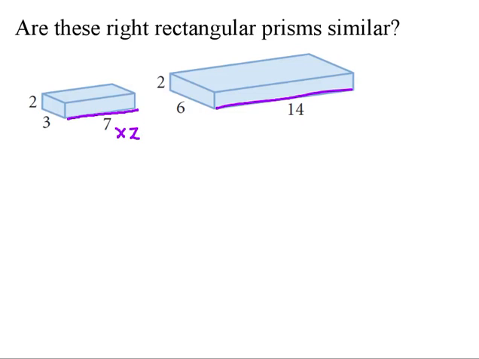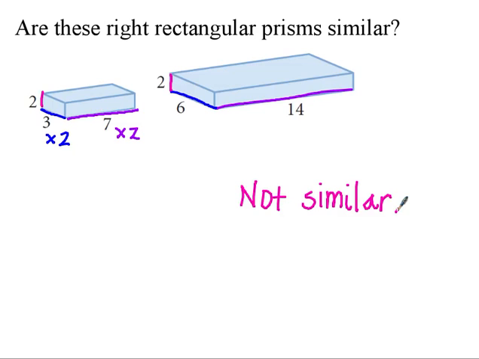Let's look at this side. 3 and 6 correlate, and 3 times 2 is 6. Great. And then I get to the 2. What do you notice about their heights? They're the same. They're not in proportion. So as a result, these right rectangular prisms are not similar. They are not similar because the height is not in proportion.